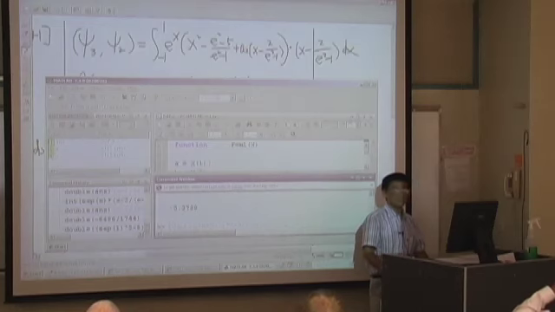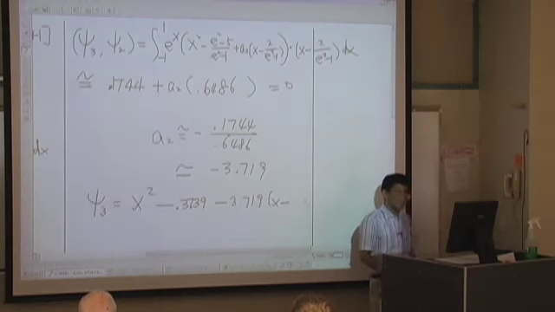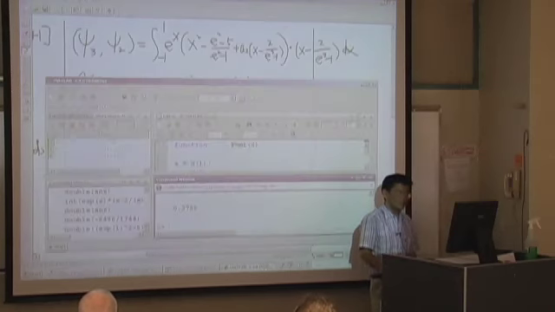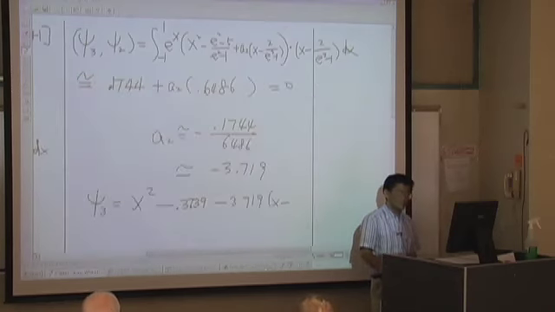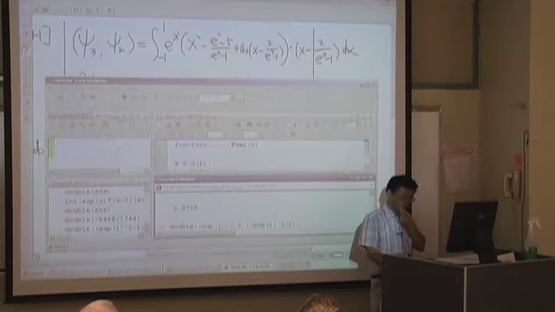Point 3739. A2 is what? Really? Why did I do that?